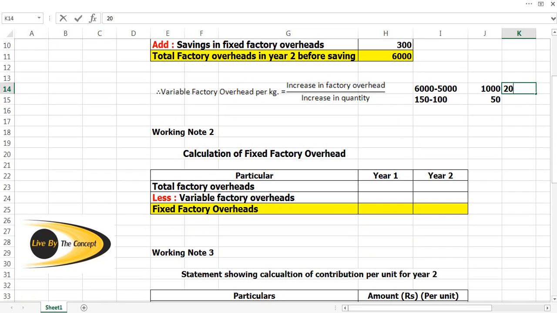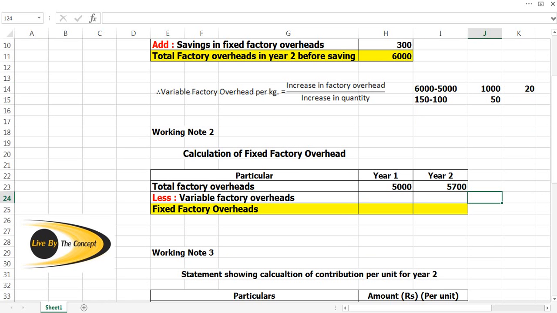Now let us go for working note number 2 where we will be calculating fixed factory overhead. Now here we will take up the factory overhead which we have incurred. So for year 1 we have incurred 5,000, whereas for year 2 we have incurred 5,700. Let us just calculate the variable factory overhead. We have 20 per kg.